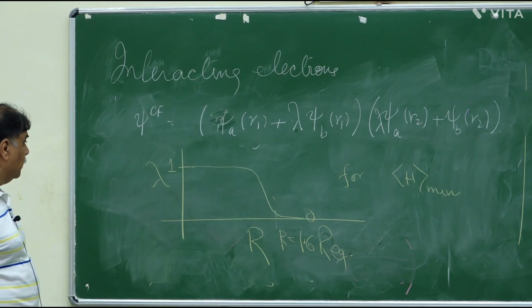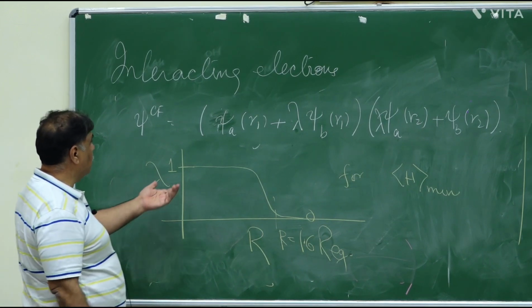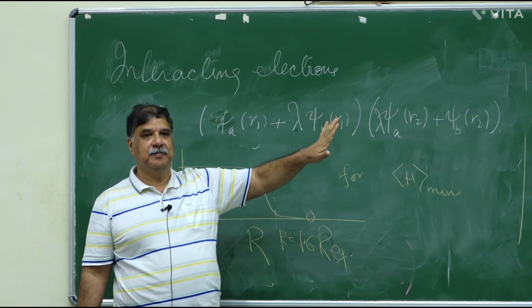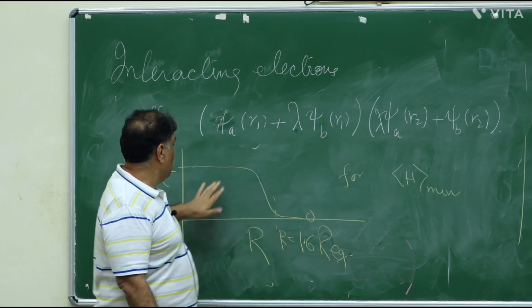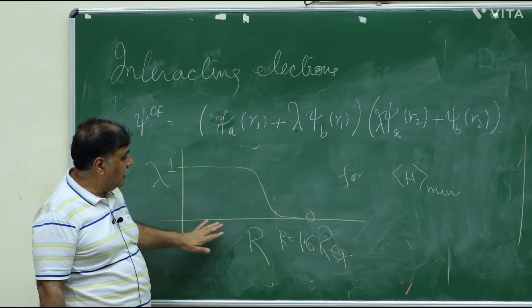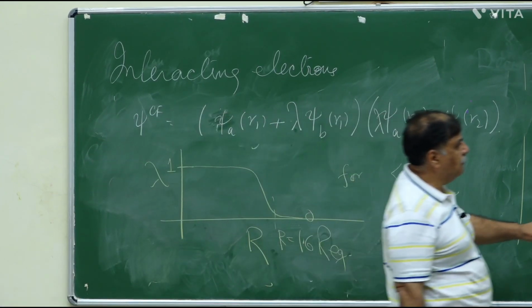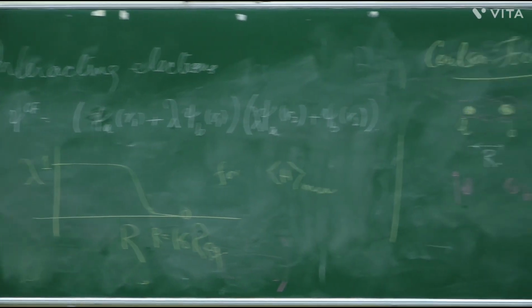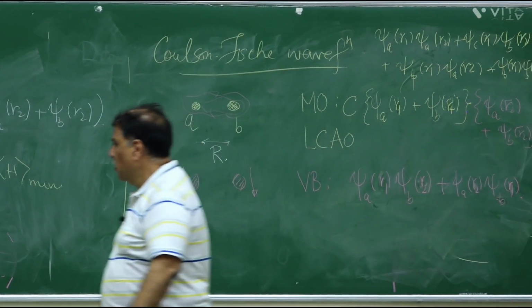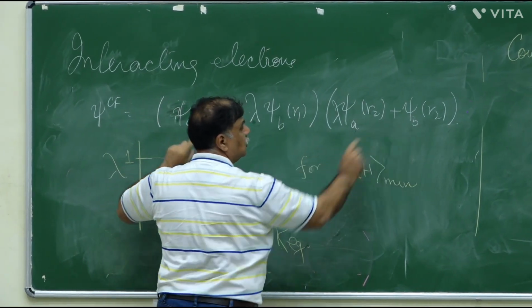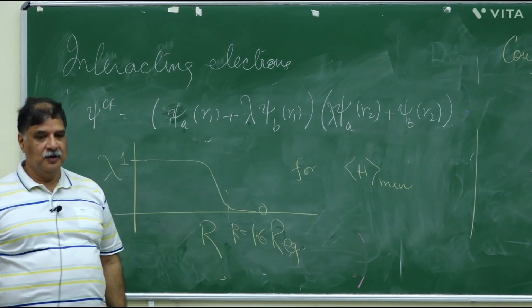Is that okay? Now, what it says is when lambda equals 1, you have a good MO theory. That means when you are at R less than 1.6, you have a wave function which is a product of the LCAO wave function. On the other hand, when lambda becomes 0, you have a valence bond.